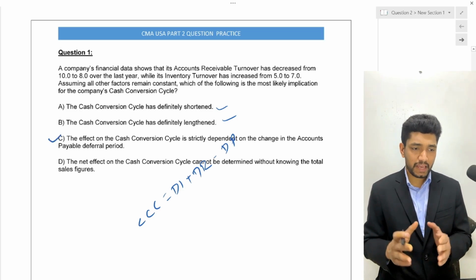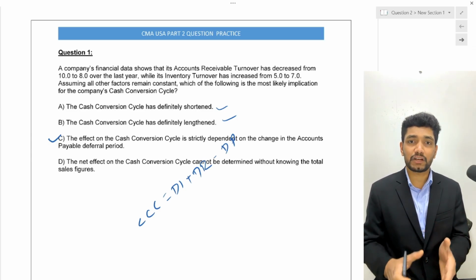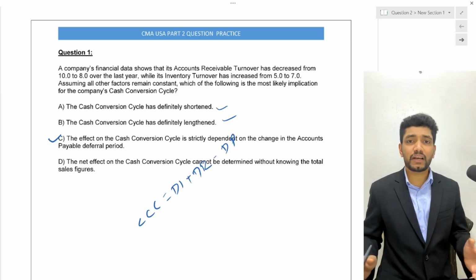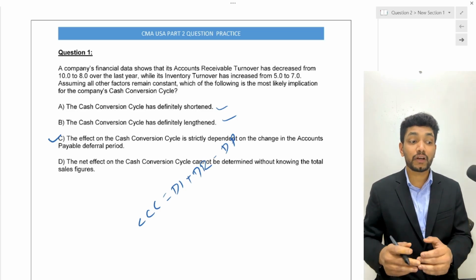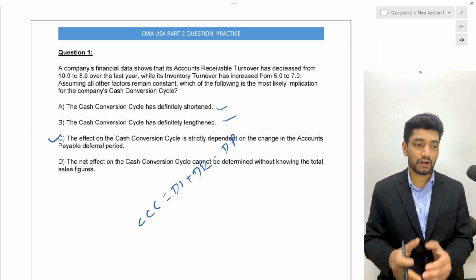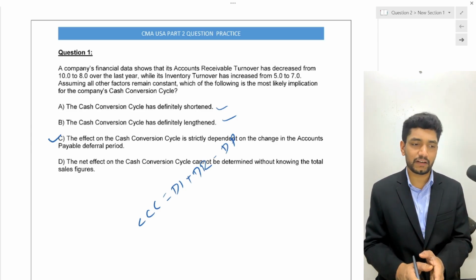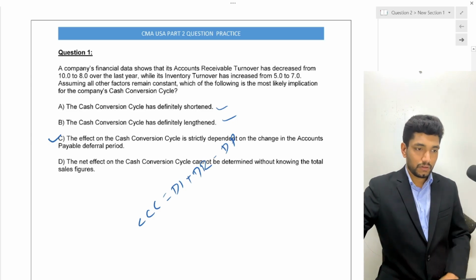Definitely the change in accounts payable also has an impact on the cash conversion cycle. So we cannot tell the exact change in the cash conversion cycle without looking into changes in the accounts payable deferral period.